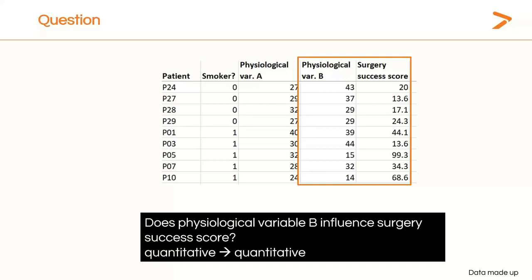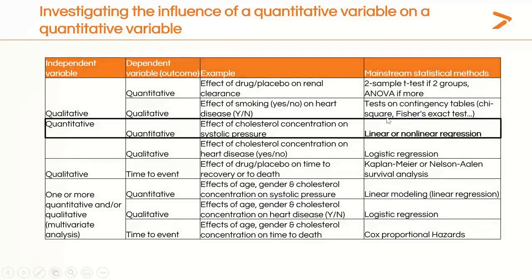So this is a quantitative versus quantitative question. What is suggested in the mainstream statistical methods in this guide is using linear or non-linear regression. You should know that there are many methods available out there, and I'm just showing you the most mainstream ones, and sometimes linear regression is not necessarily the most appropriate method according to the data you have.